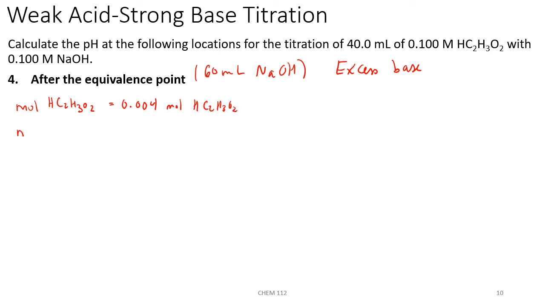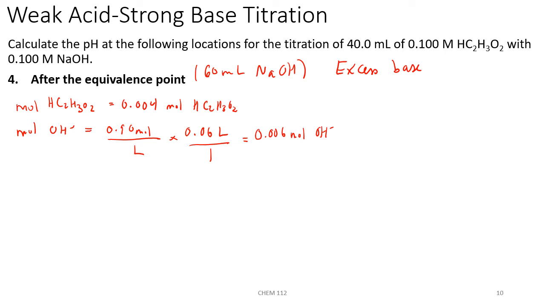And at this point, we can calculate the moles of our hydroxide ion. We have 0.1 moles per liter of our sodium hydroxide concentration, and we're adding 60 milliliters, so we're going to multiply by 0.06 liters. So that gives us 0.006 moles of hydroxide ion.